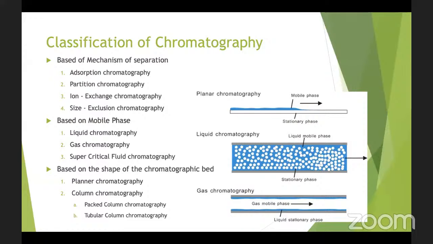Now, this type of classification for chromatography is based on the shape of the chromatographic bed. So it could be planar or column. The chromatographic bed is the place where the resins are present or immobilized.